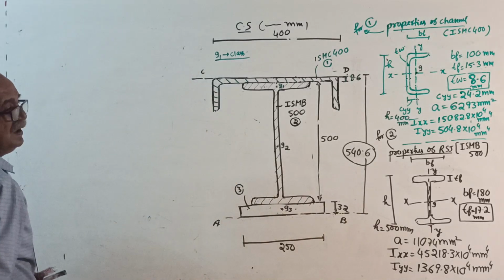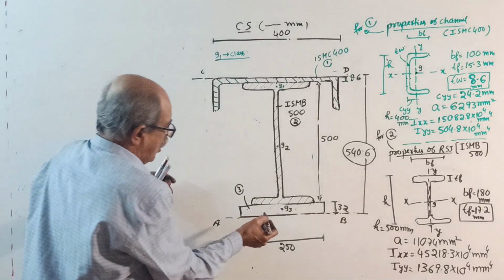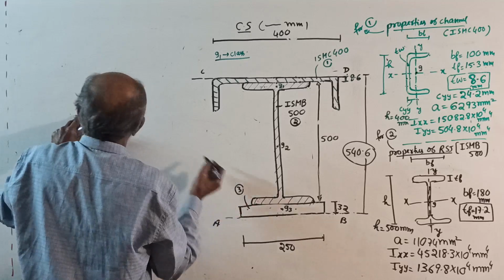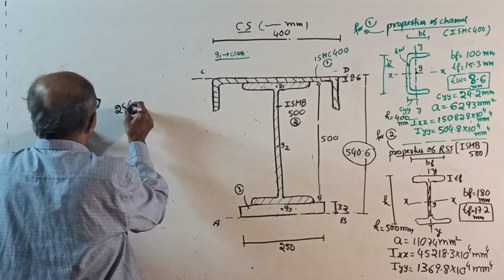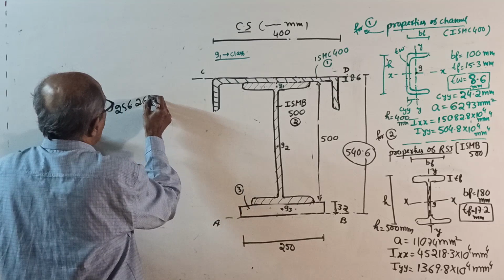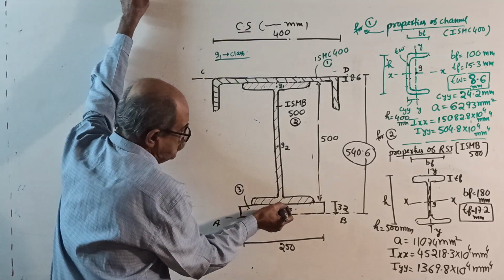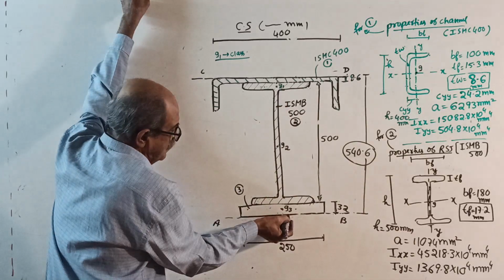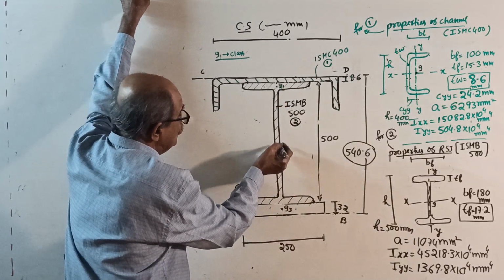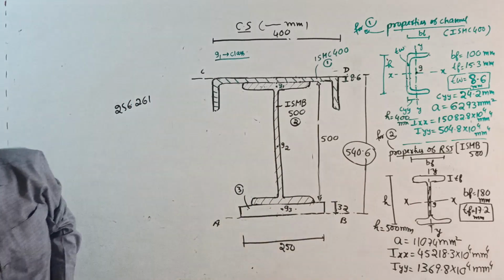Now do one thing. Correctly mark. From the bottom you got 256.261. So this is 32, so further you have to go. From the bottom edge to the centroid of the I section is very, very important.